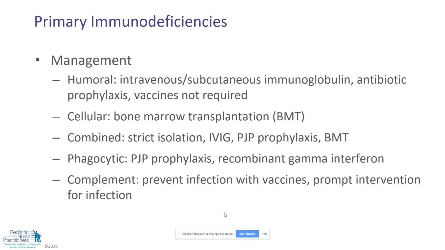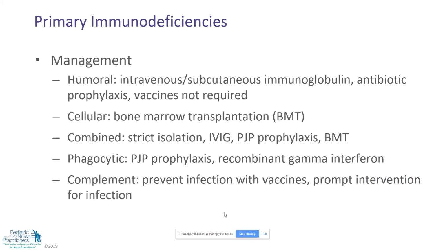So this is management. From a humoral perspective, so these patients, remember humoral, the B cells, it's antibody mediated. These patients may benefit from intravenous or subcutaneous immunoglobulin supplementation. They may be on antibiotic prophylaxis, and special vaccines would not be required for this patient population.